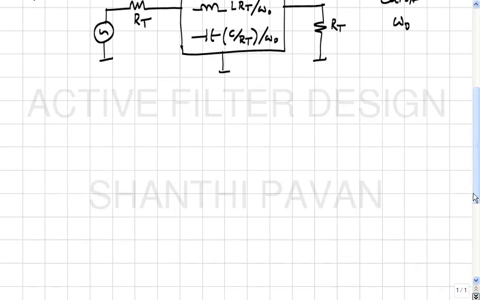fine. So now that we realize that for most practical purposes inductors are not realizable on a chip, the question arises, what can I do to avoid the use of inductors?